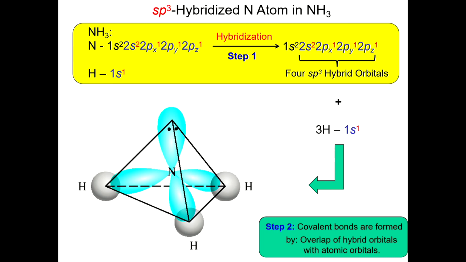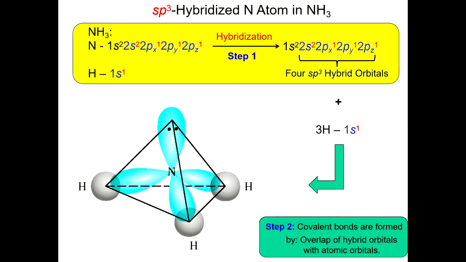So using the hybridization theory, we can know more details about the overlap between the orbitals.